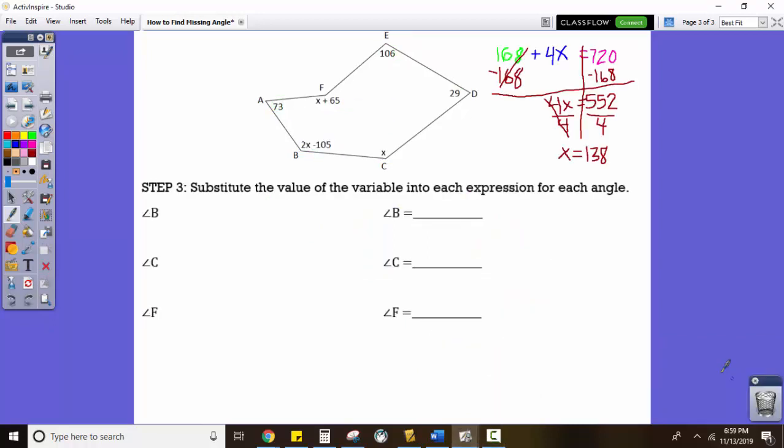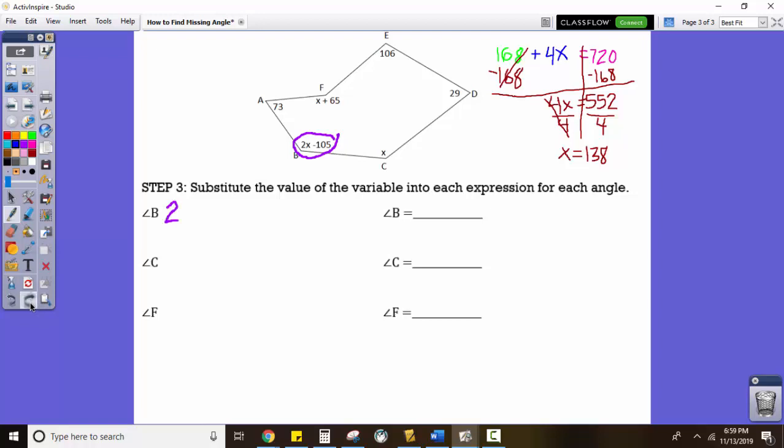Then step 3 says substitute the value of the variable into each expression. Remember we got x equals 138. That means anytime I see an x, I'm going to put a 138. For angle B, I can see that angle B says 2x minus 105. So that means 2 times whatever x is.